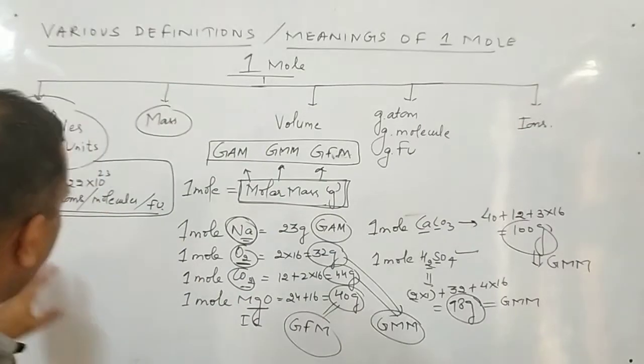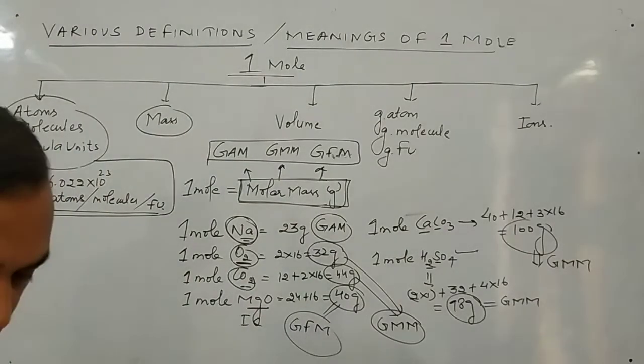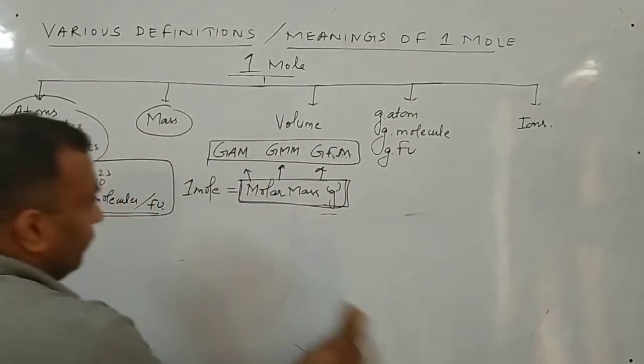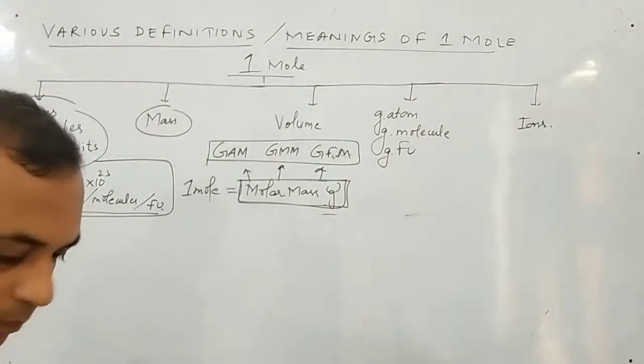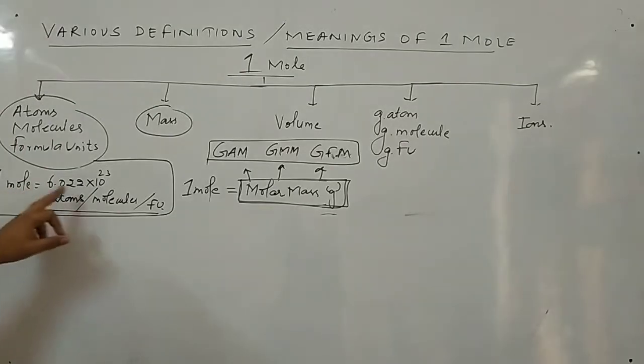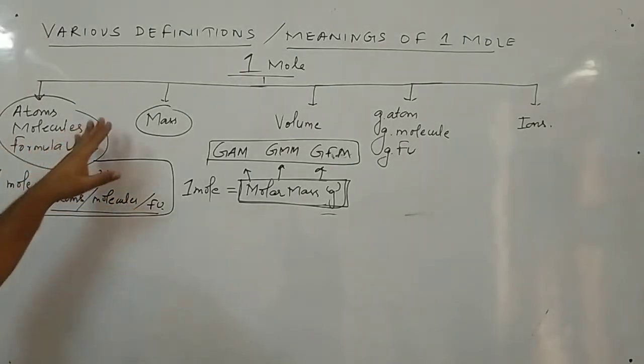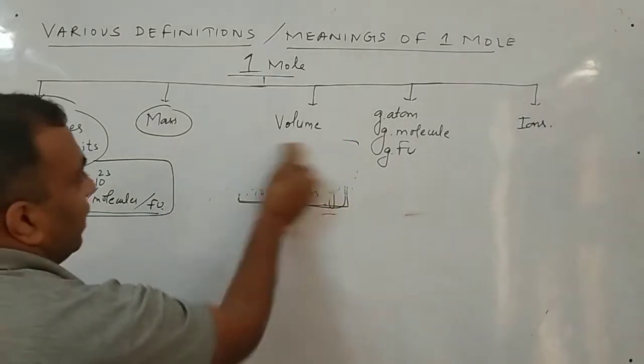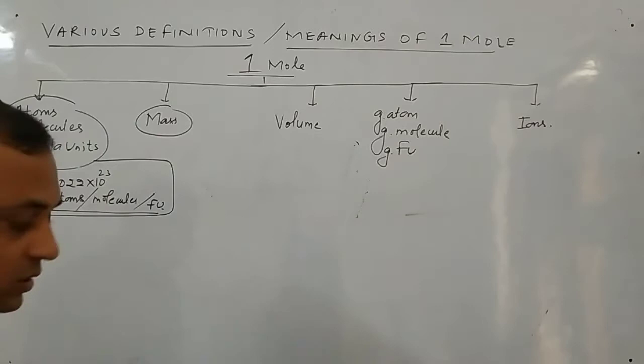Okay, so till now we have done the 2 definitions. Just I will recall them because this is the main part of mole concept. What we have done, simply 1 mole contains Avogadro number of atoms, molecules and formula units. Okay, second, in terms of mass, I write here because we are in less space, we have to explain more things also.